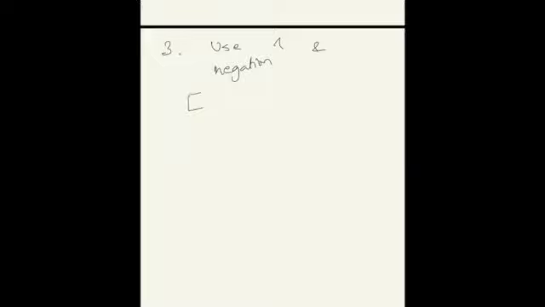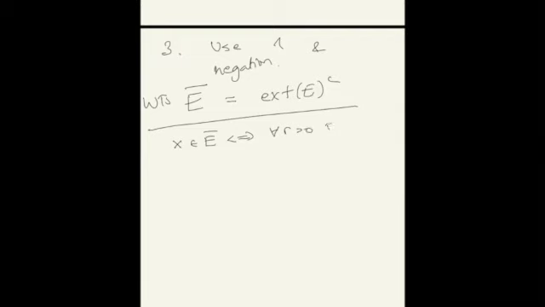I want to say that we want to show that E bar is the same thing as the complement of the exterior of E complement. Now you could proceed as in 2 to show that E bar is contained in the complement and the complement is contained in E bar. But this time, let's go a little bit more directly. Let's write these out. So x is in E bar is equivalent to saying, by the definition, that for every r positive, B(x, r) intersects E in a non-trivial way.